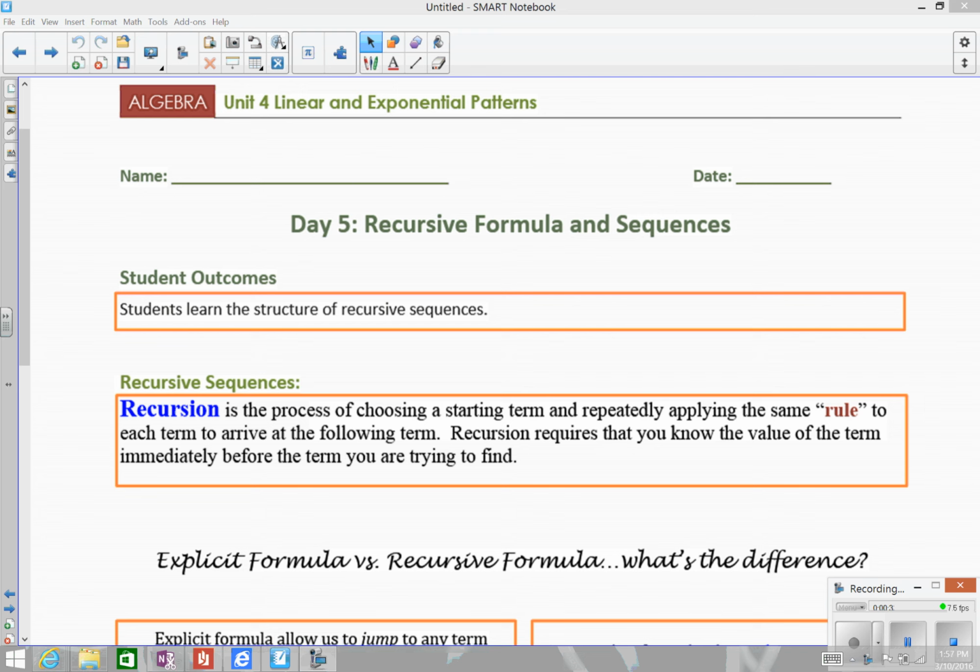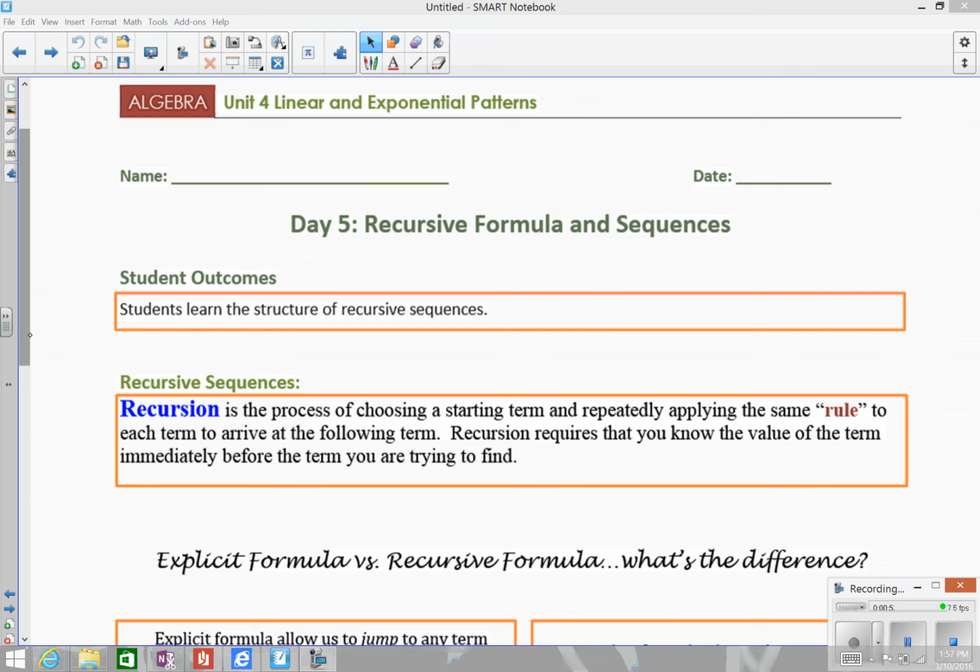Recursive formulas mean that you have to know the previous term. So the first day when we started looking at sequences and we had to describe a sequence, we said, oh, you just add 3 to the sequence or you multiply by 2. Well, that's really describing it recursively because we're saying what you have to do to the previous term.